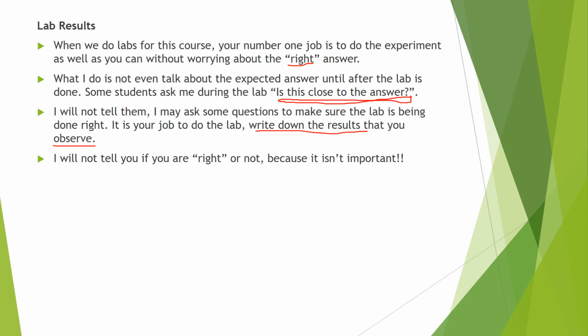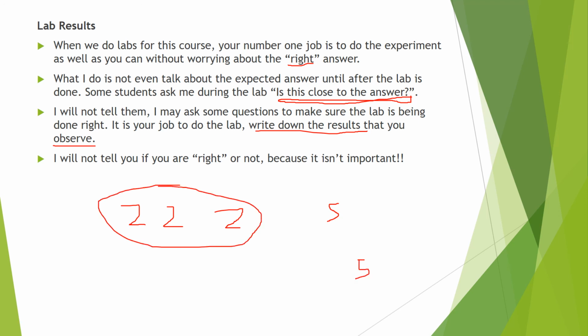A lot of students, if the answer is 5 and they're told the answer is 5 and they get 2, say, oh, I'm the world's worst student. Well, their neighbors also get a 2 and they go, well, I'm really bad, and their neighbor gets 2 and they go, oh, we're really bad. And once one group gets 5, they're really good. I'm going to trust this group over here, not this guy over here.